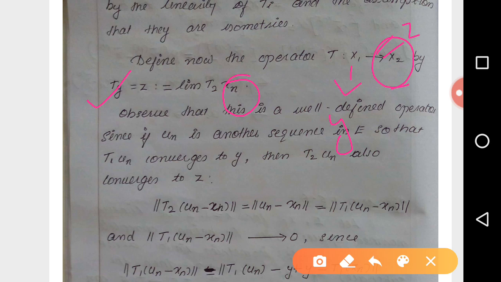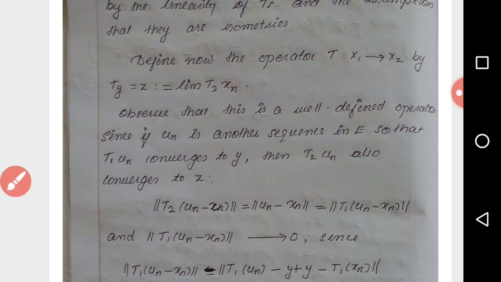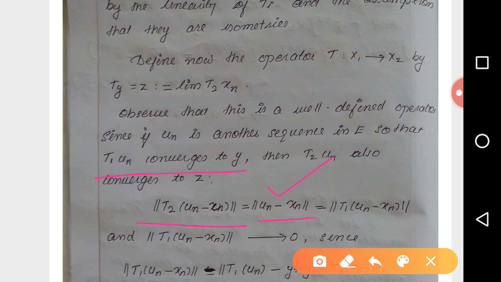So we can define it like this, and to show that our function is well defined, we take another sequence un such that T1 un also converges to y. We take the norm of T2 un minus T2 xn, which is equal to the norm of un minus xn, since T2 is an isometry into, which is equal to the norm of T1 un minus T1 xn, since T1 is an isometry into.